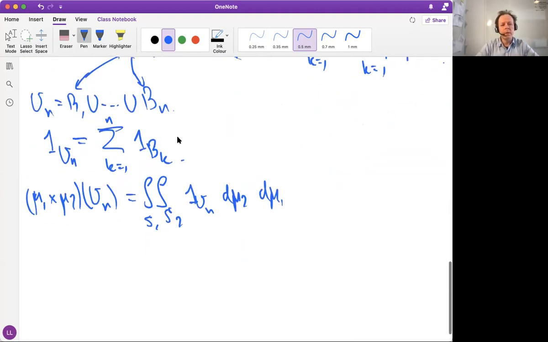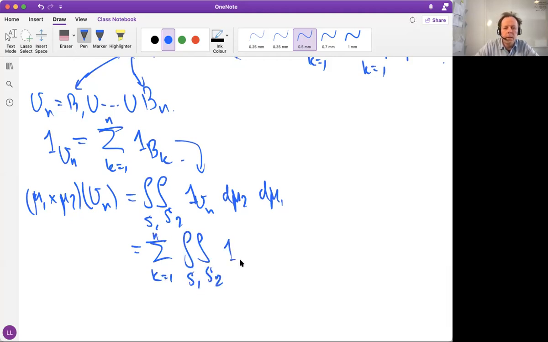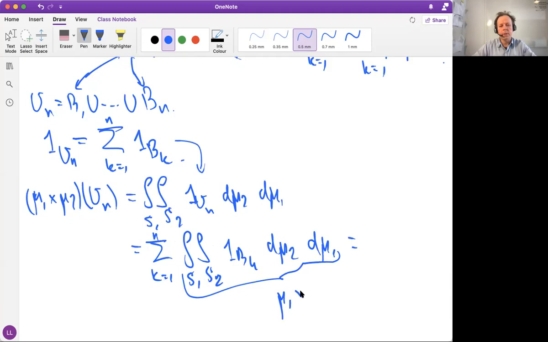And now we have a sum here. So we take the sum in front and in front. So it goes in front both ways and it comes to the really front. And then we have S1, S2 integrals there. Indicator B_K, inner integral mu2, outer integral mu1. And if you recognize what this is, this is just the product measure mu1 times mu2 of B_K.